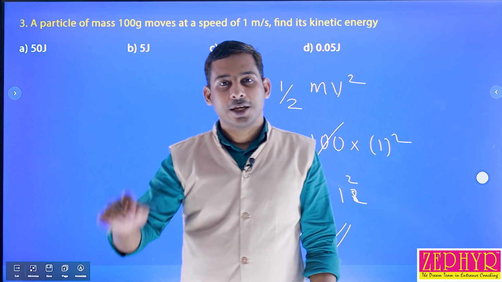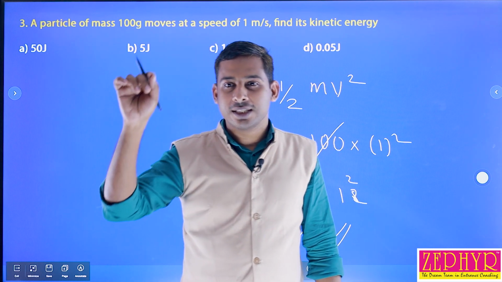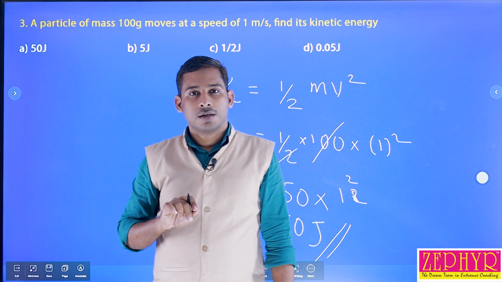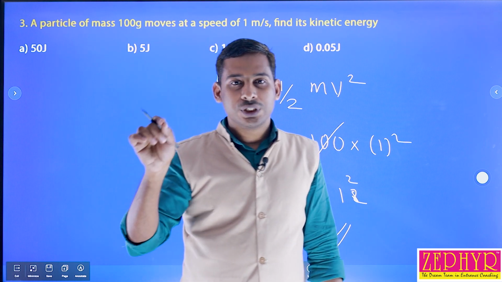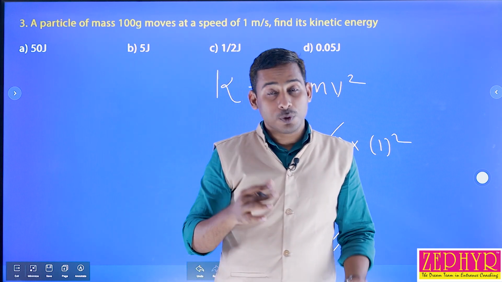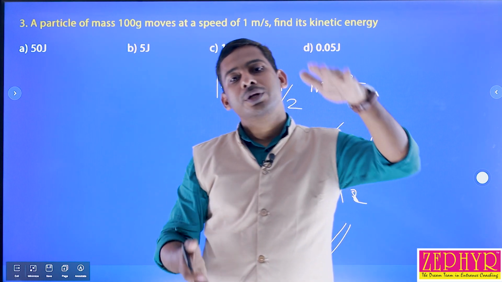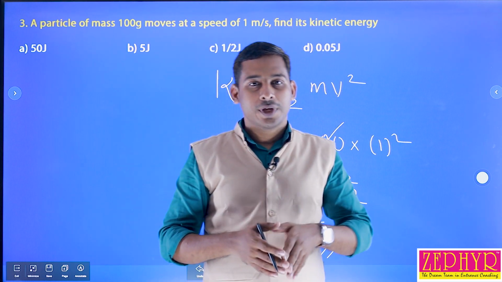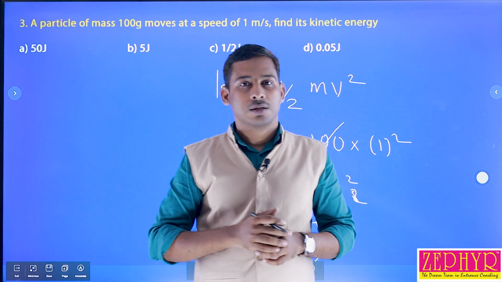It is the ability or capacity to do work. Kinetic energy is the energy related to the motion of the body. Potential energy is the energy related to the position. We can take an example like water stored in a dam. We can take Idukki Dam as one example.